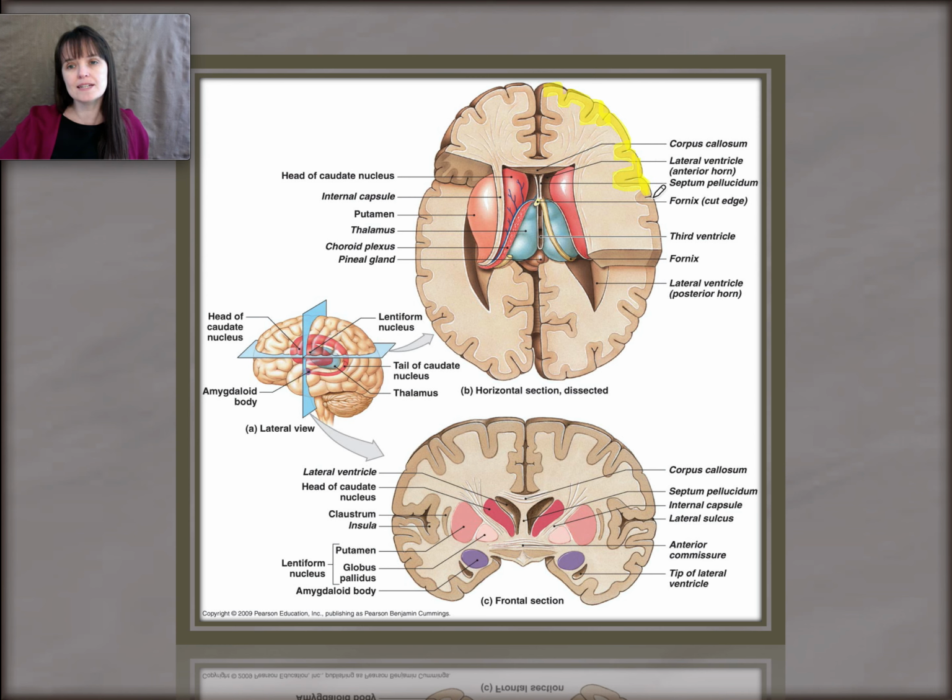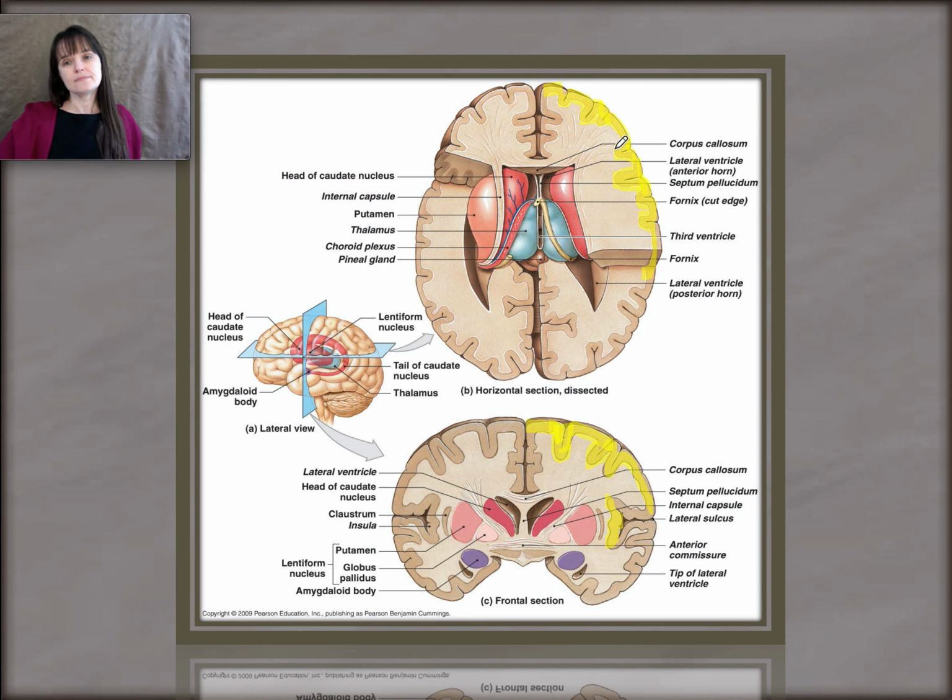Here it's kind of like a navel orange where it's got folds in it. You can see on both the horizontal section and the frontal section this edge of the cerebral cortex where it folds in. And right here, you can see the insula, which is a lab term.